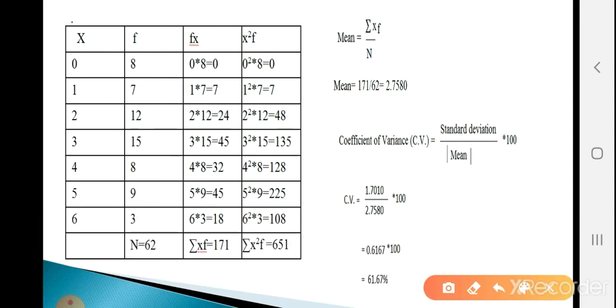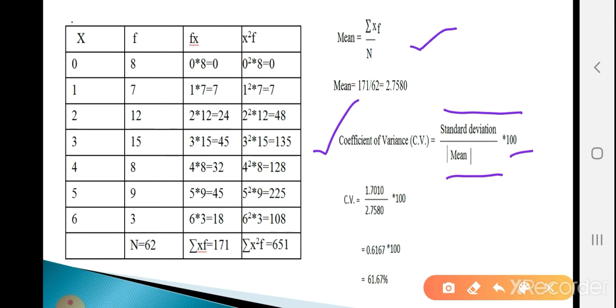Now calculate the coefficient of variance. What is the formula for calculating the coefficient of variance? The formula is standard deviation divided by mod of mean, that is the absolute value of mean, multiplied by 100. Here the standard deviation value is 1.7010. And what is the value of mean? Mean is calculated as summation x into f divided by capital N for group data.